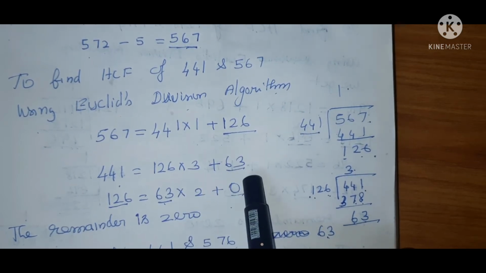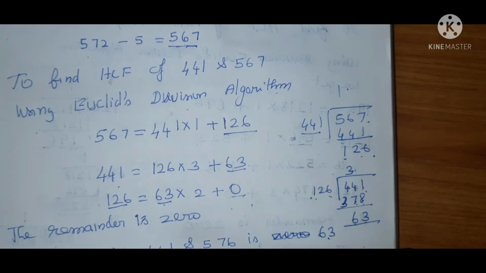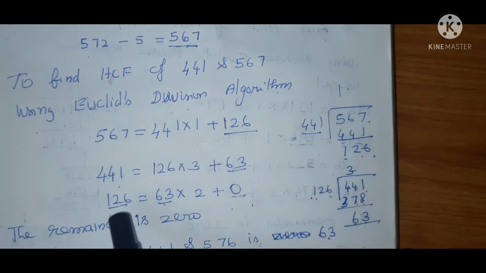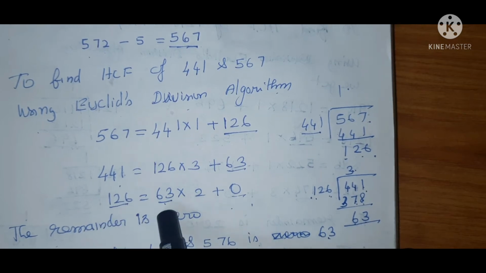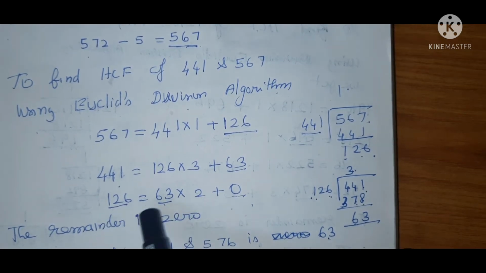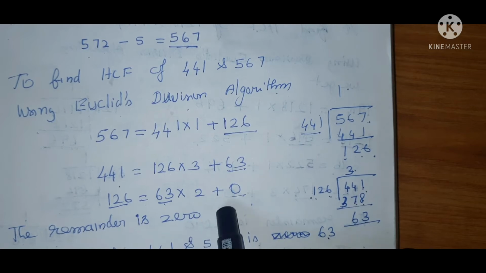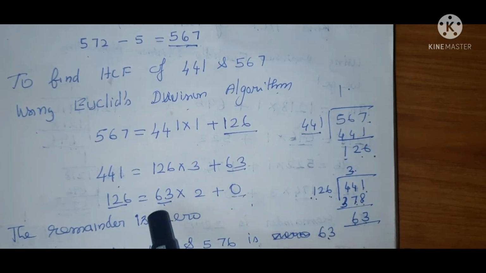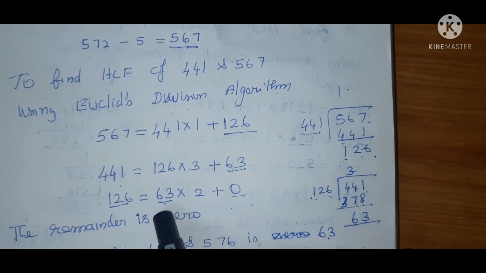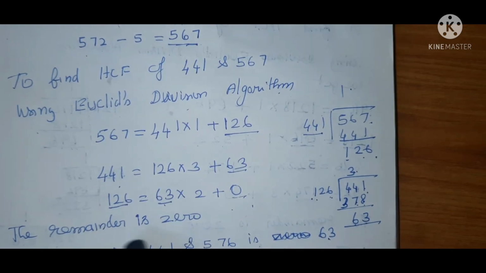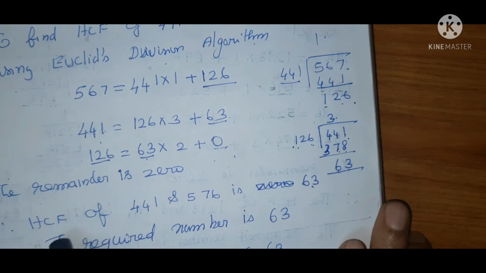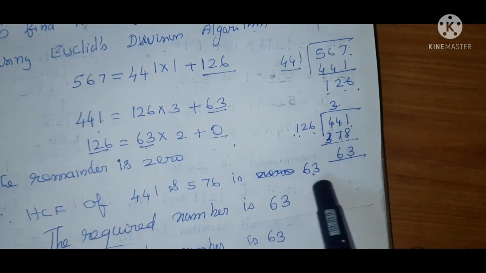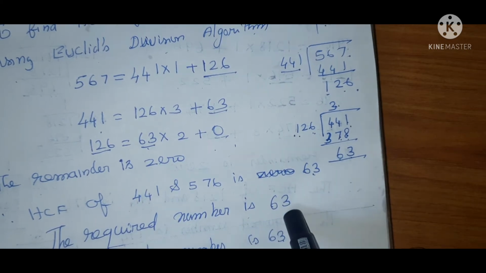The remainder is 63, so 126 is not the HCF. Again, 126 is the dividend, 63 is the divisor. 126 is equal to 63 into 2 plus 0. Here the remainder is 0, so 63 is the HCF. Therefore the HCF of 441 and 567 is 63. The required number is 63.